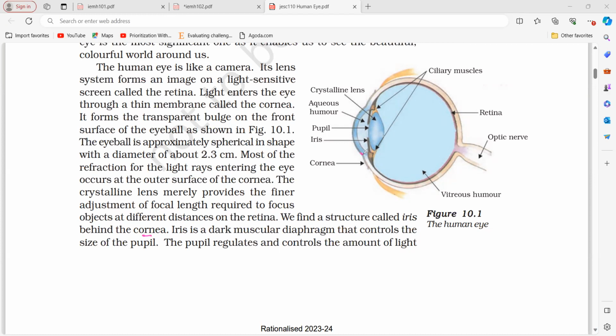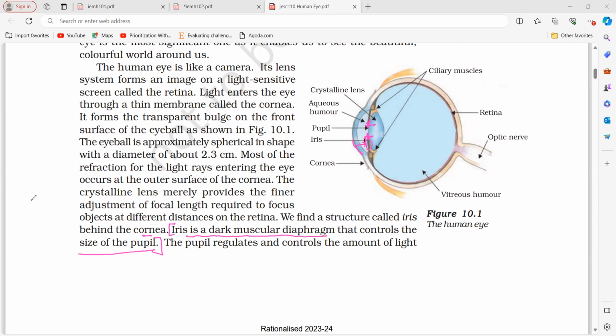If this is the cornea, then this part behind it is the iris. You have to remember the definition: it is a dark muscular diaphragm that controls the size of the pupil. Look, this is the pupil. Now the iris can sometimes extend so that the pupil becomes small, and sometimes it can go the other way also.